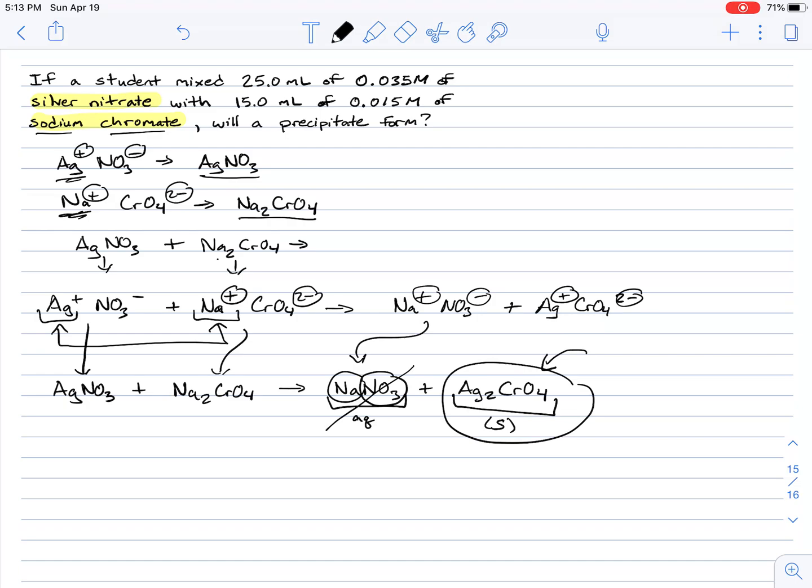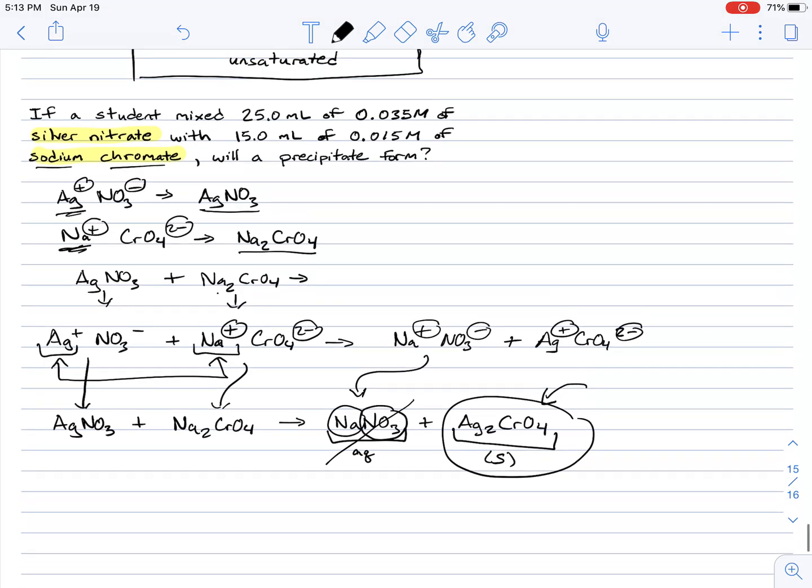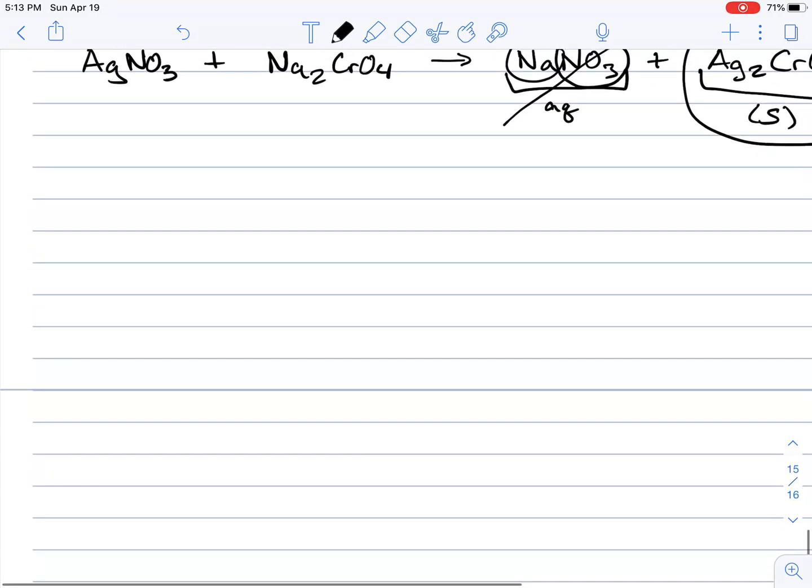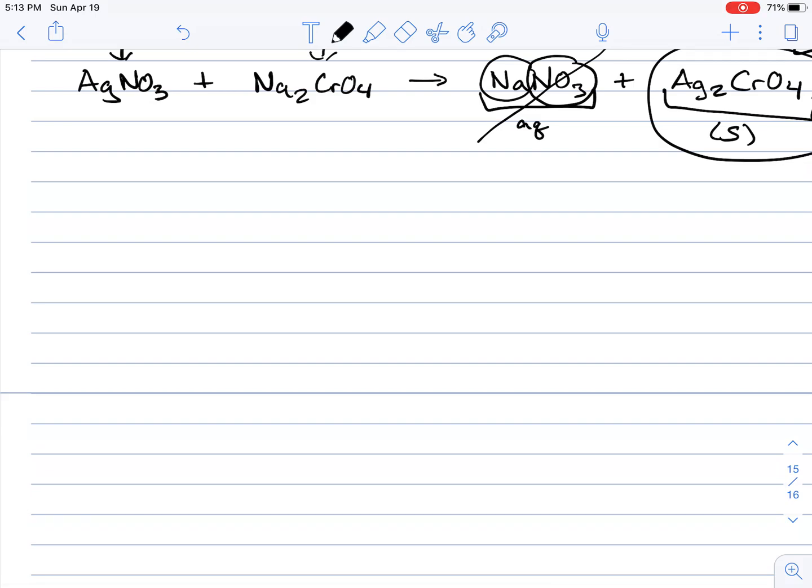So right now we've just identified what the precipitate could be, and now we have to think about how the concentrations and the volume will determine whether or not a precipitate will form. And to do that, we need to compare Qsp and Ksp.